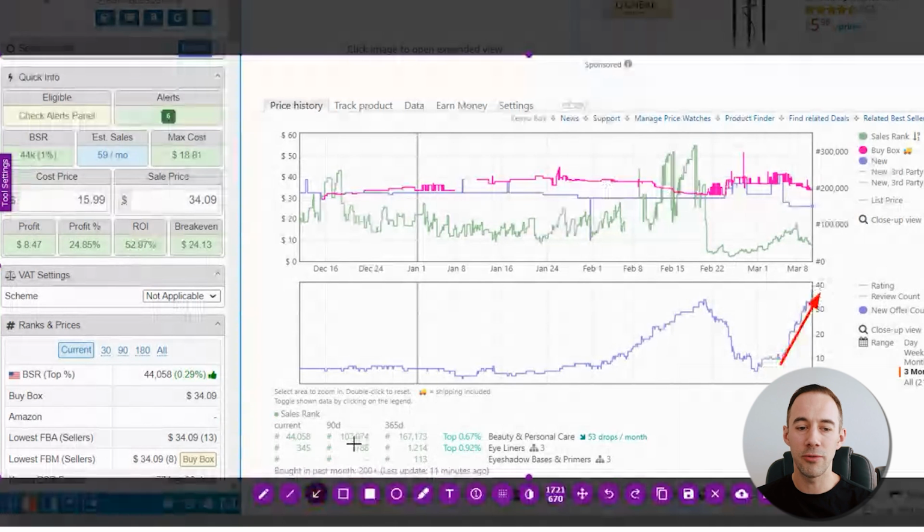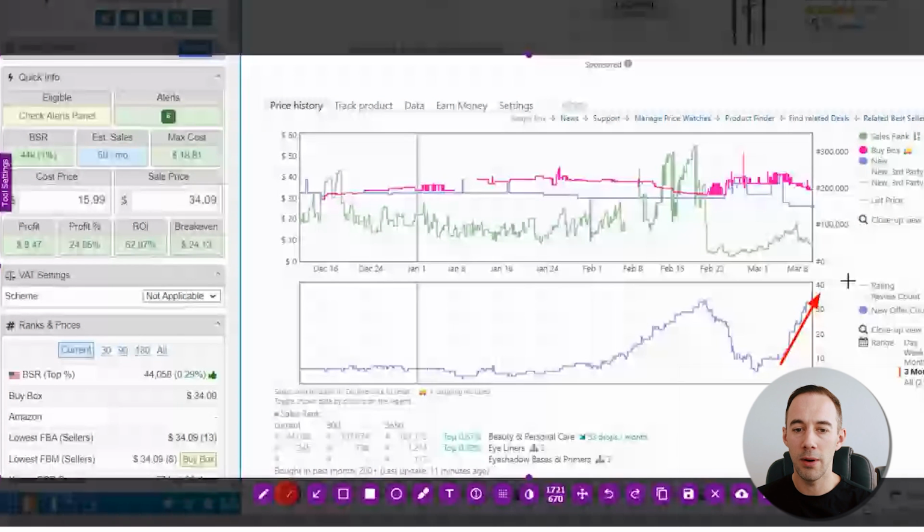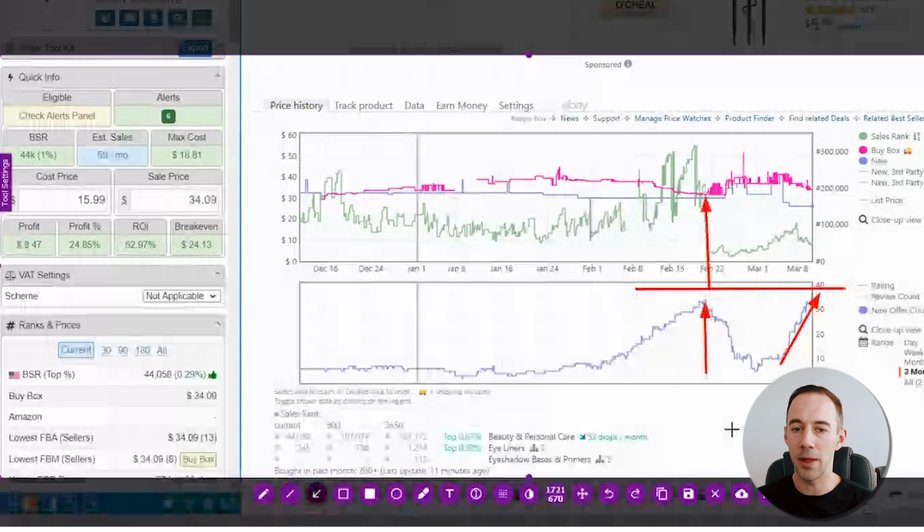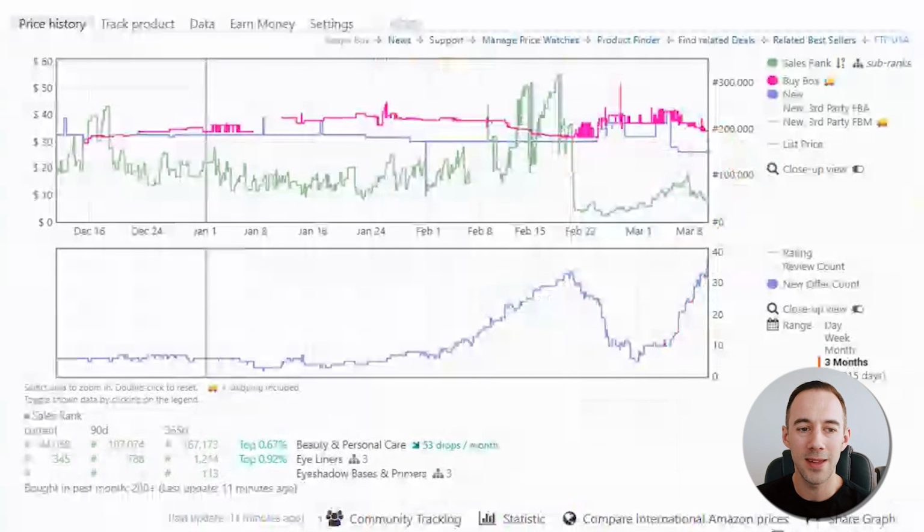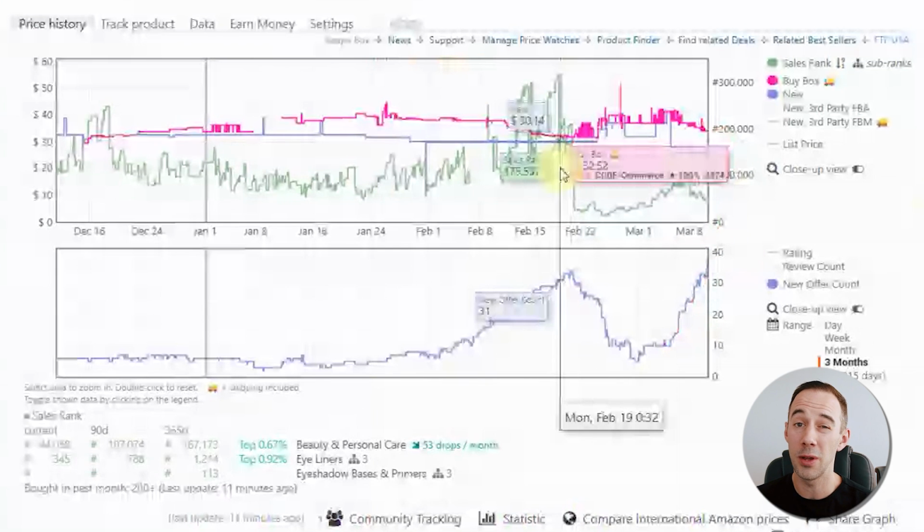So for example, with us, the new seller count is going up to the moon. Is there a time when this happened previously? Well, actually, this was a similar time, right here. When we look at that price, that was about 31. So that kind of gives us an idea of where this price is going to go, a helping hand. So you can see right now, while it is 34, it's probably going to go down to 31.89.